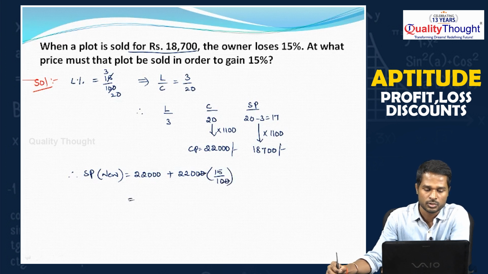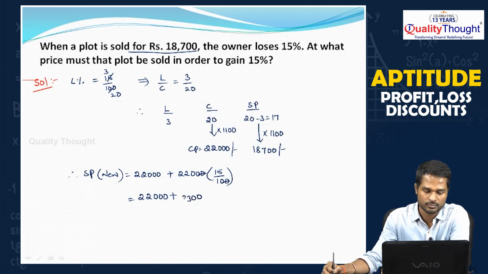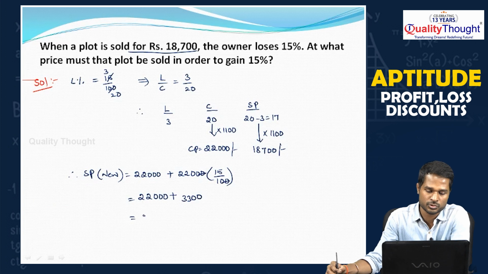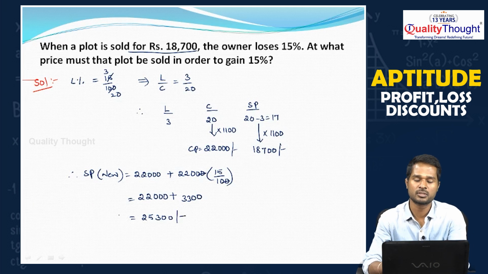So, this is 22,000 plus 15, 15 2s are 30, plus 3, 33. So, it is 3,300. So, it will be sold at 22,000 plus 3,300, that is 25,300 rupees. So, it should be sold at 25,300 rupees to get a profit of 15 percentage.